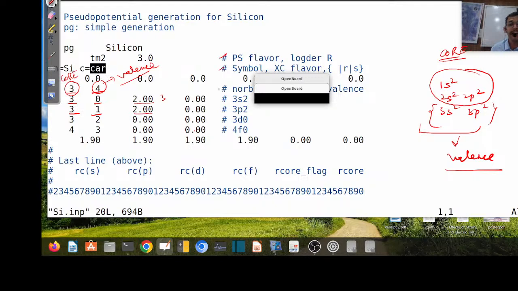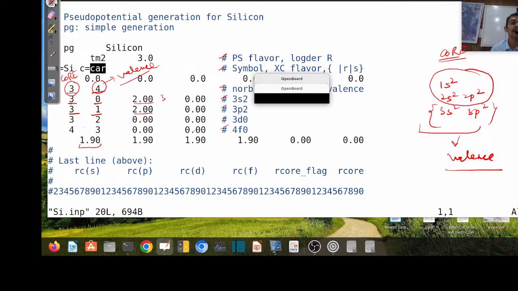And this hash is basically a comment. There is no need to do this. Then 3d0, 4f0. So all 4 orbitals are mentioned. Right, so this is the input.